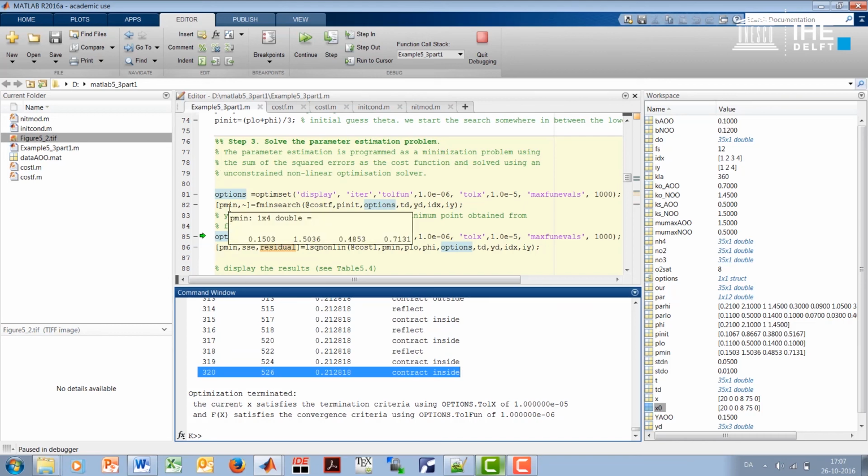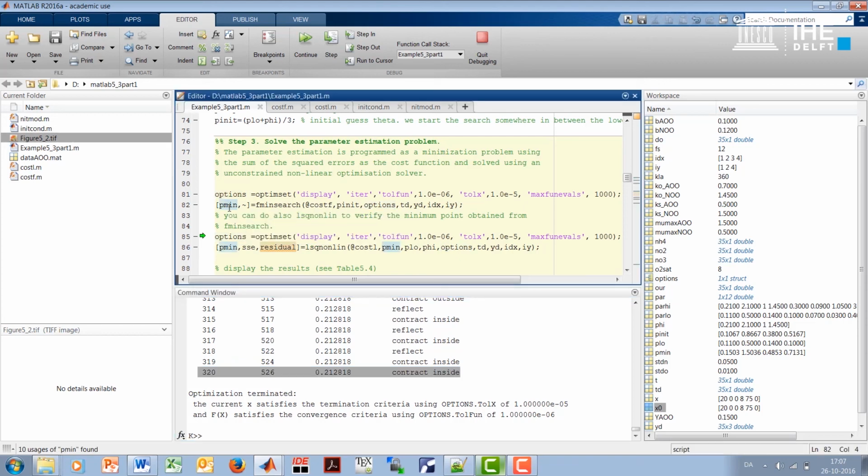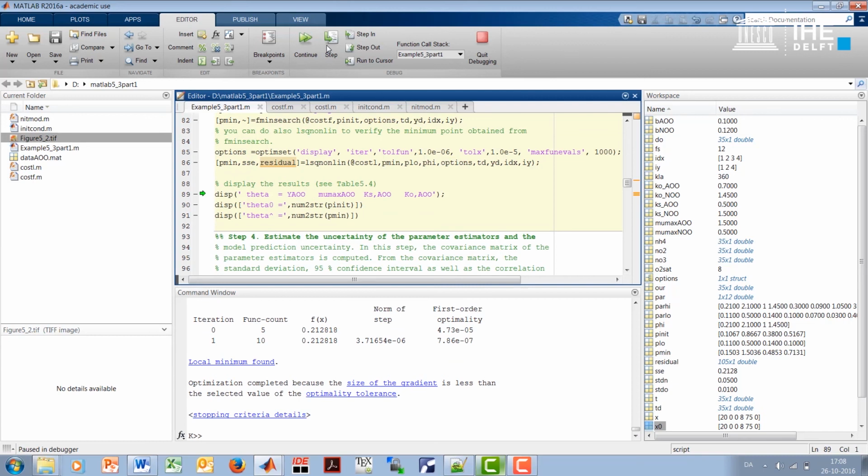Moving the cursor onto pmin, the optimized values can be seen. On SSE, the sum of the square error can be seen.